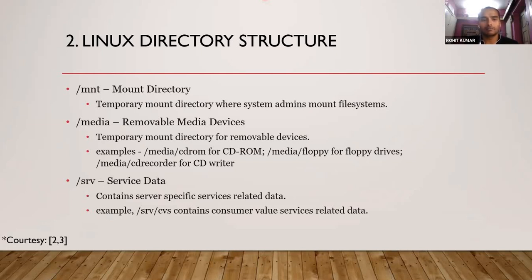These are the temporary mounted directories. Temporary mounted directory means temporary media, but if you discuss permanent media, there are fixed drives inside the computer. So there are different types of files. There are a lot more, we cannot discuss each and every one, but in short we will discuss, because otherwise it is going to take a lot more time.